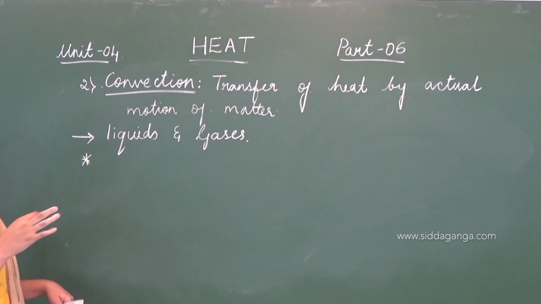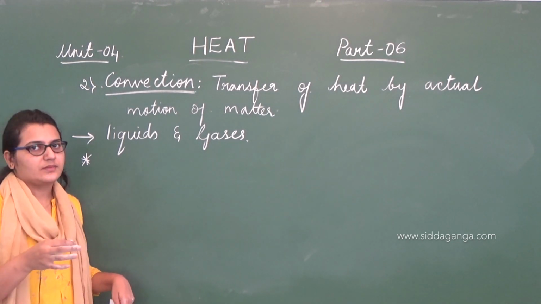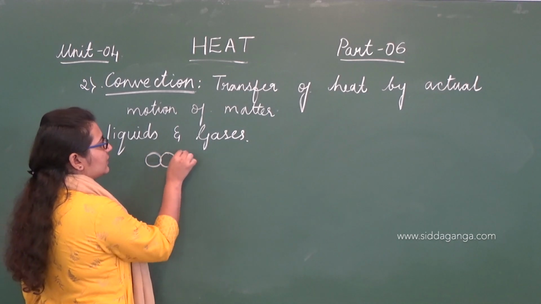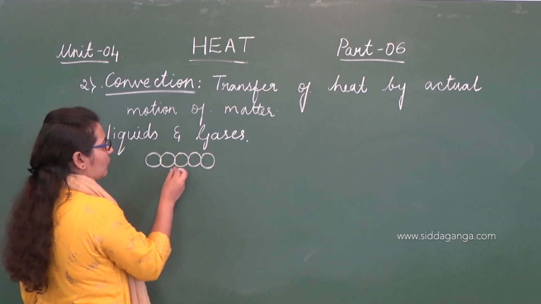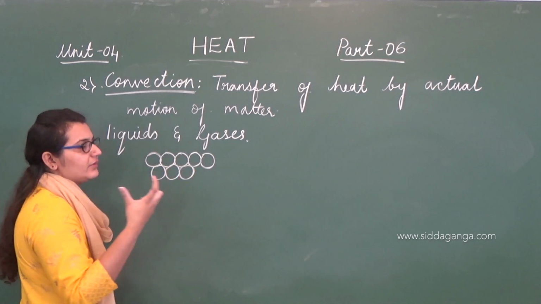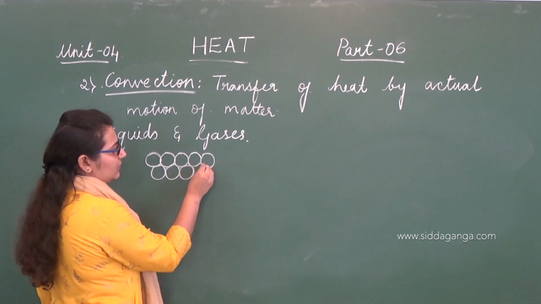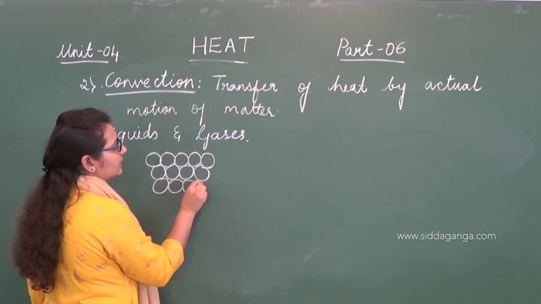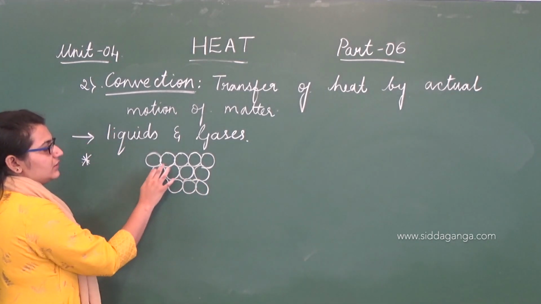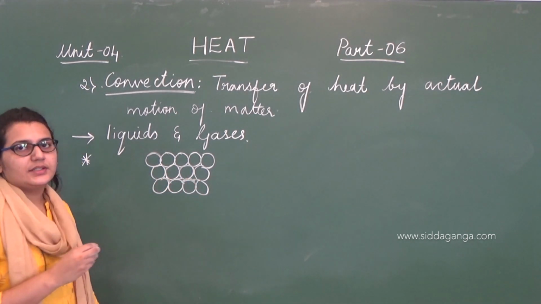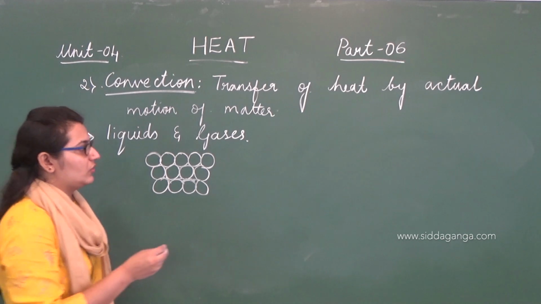Why in liquids and gases, and why not in solids? See how solids are arranged. This is the structure of any solid. The molecules are very compactly arranged. Compactly means very tightly arranged. There are no spaces in between these molecules.